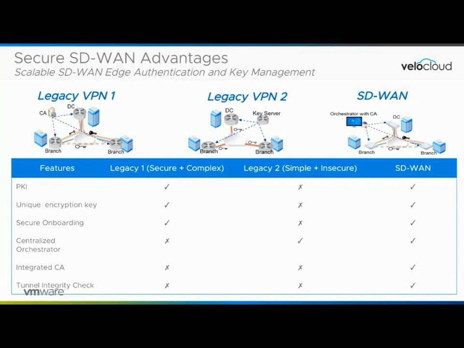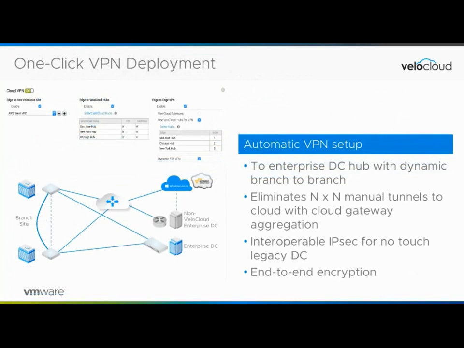There are flexibilities available to an enterprise admin. Once you log on to the orchestrator, with a single click, you can enable Cloud VPN. With this Cloud VPN getting enabled, we build up automatic overlay tunnels, VPN tunnels secured from branch to the hub.